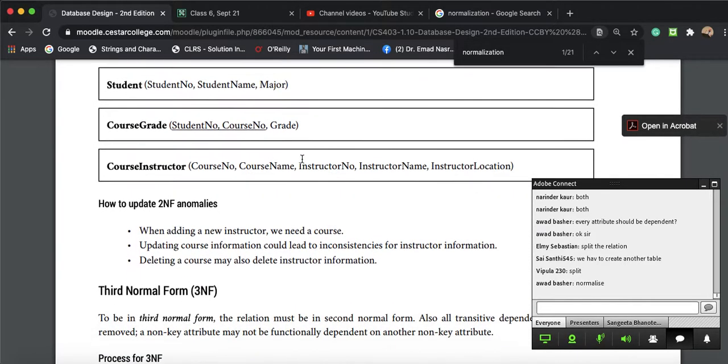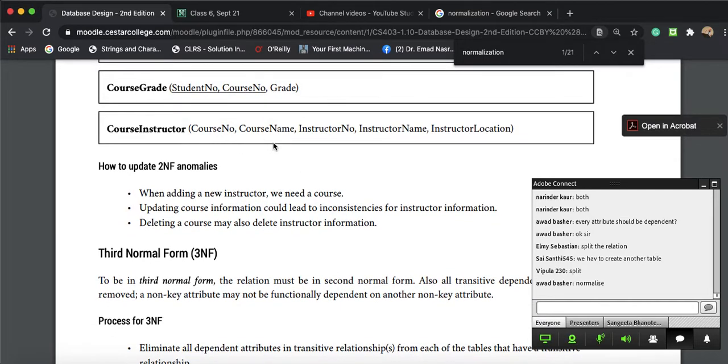So we will have course number, course name, instructor number, instructor name, and instructor location. All of them depend on the course number. Course number is the primary key.